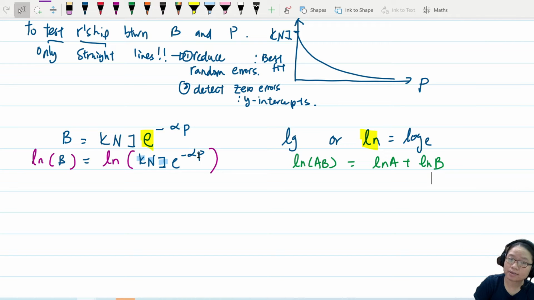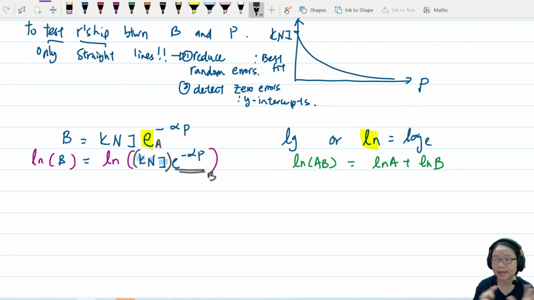No need lah. Because K times N times I, they are all constant. I mean, if I need to, I can split them, but I'm just going to keep them together. So what I'll do is I will keep these three together as my so-called A. And this thing at the back, this e to the power of negative alpha p, this will be my B. This whole thing is B. Okay?